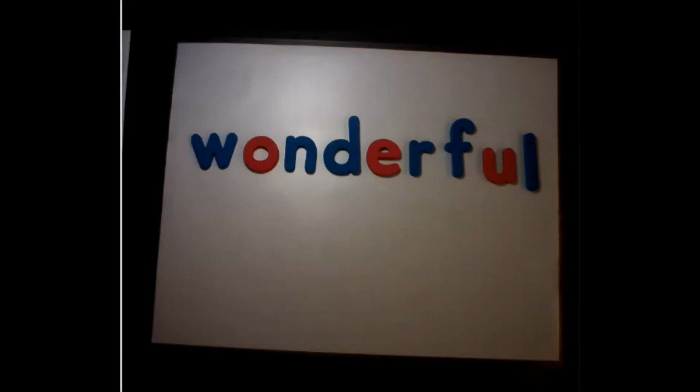Okay, awesome. So now that we have our word on our board or paper, we need to figure out how we are going to break this word into parts to help us read it. I want you to take a second. How can you break this word apart? Maybe some of you are breaking it apart in two parts, or some friends maybe three or four parts.